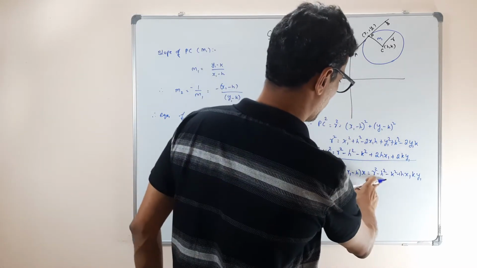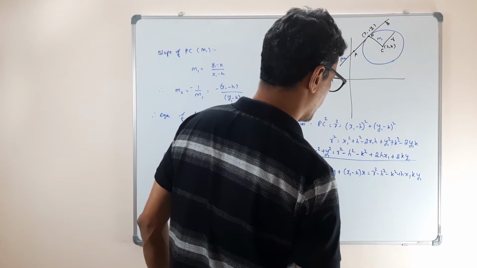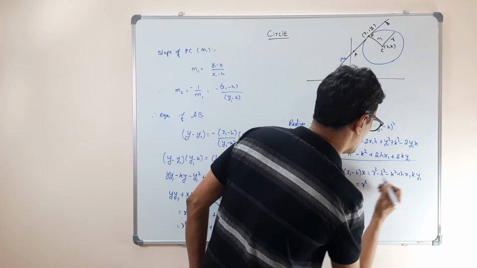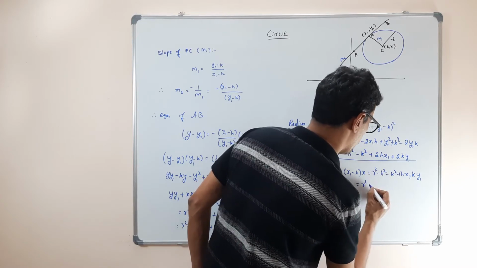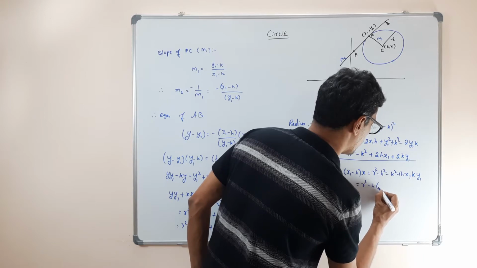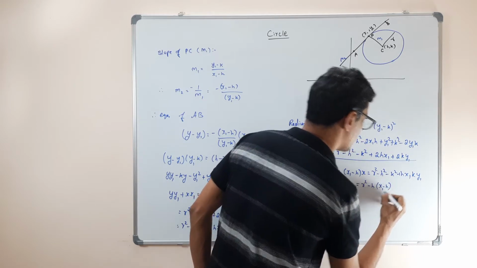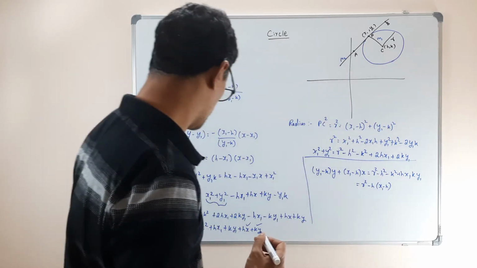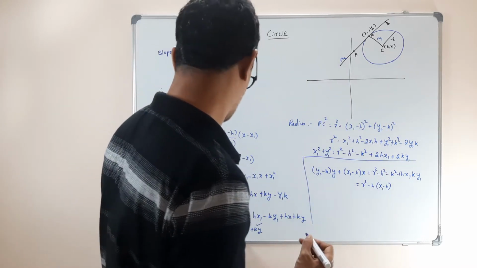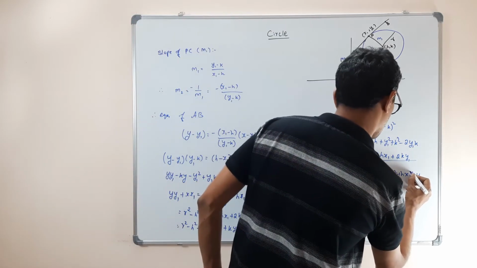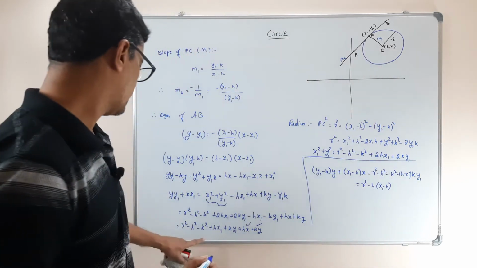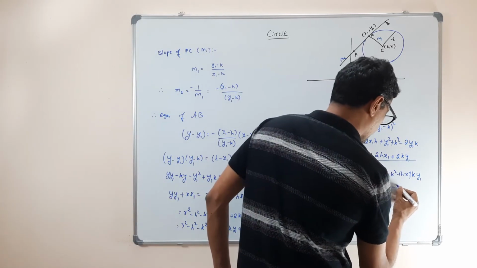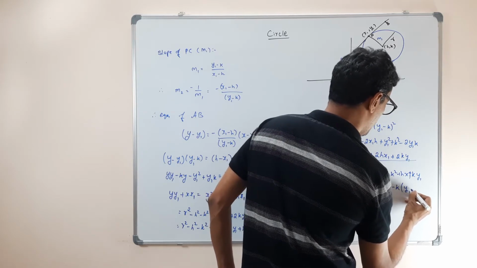We can still proceed further. For example, if I take h commonly outside, we get r square, minus h outside, so it becomes x1 minus h. Correct? And then from here, I think I missed something. This is plus ky1. So I'm going to take minus k outside, so this will become y1 minus k.